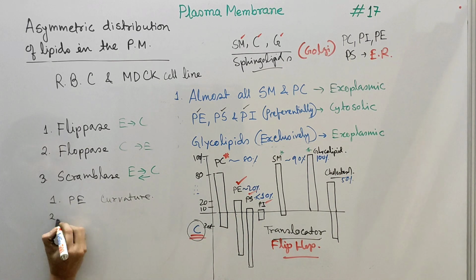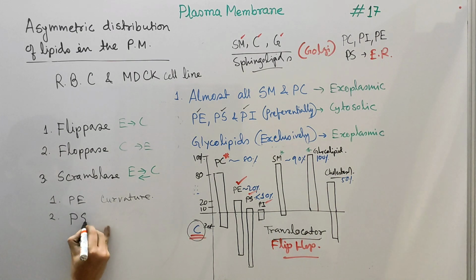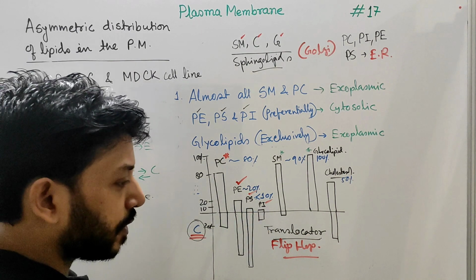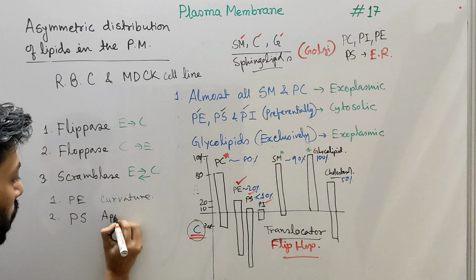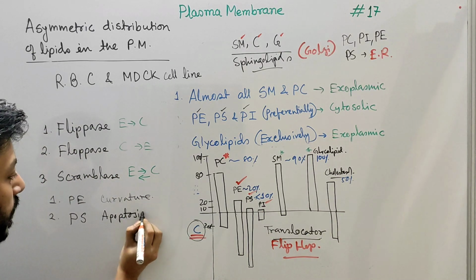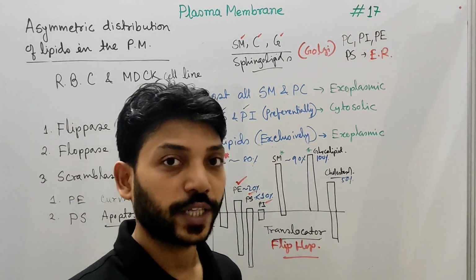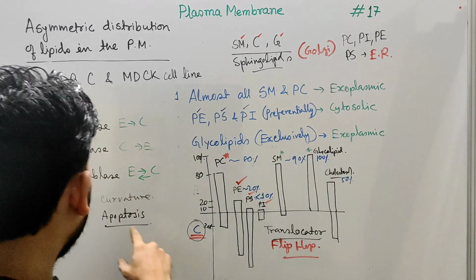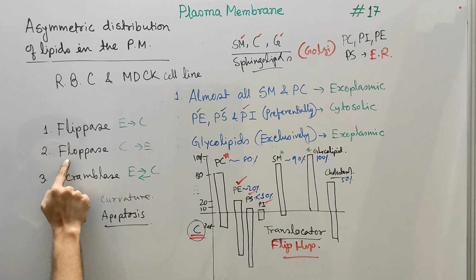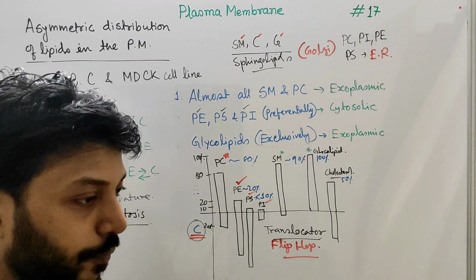Then another point we can remember is the presence of phosphatidylserine inside, and during apoptosis this phosphatidylserine actually moves from the cytosolic leaflet to the exoplasmic leaflet because of the presence of floppase enzyme. Yes, floppase enzyme.